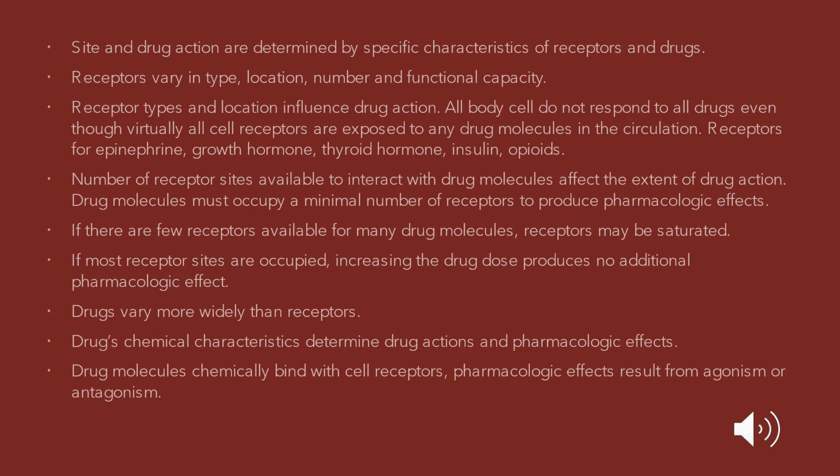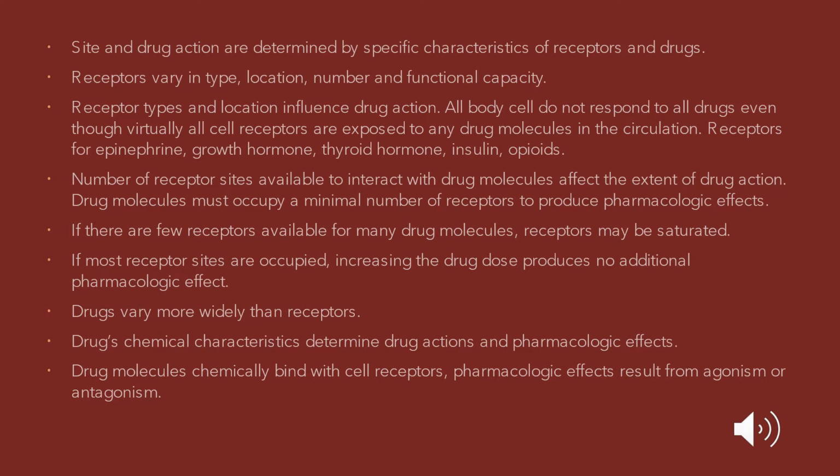For example, many different types of receptors have been identified. Most types occur in most body tissues, such as receptors for epinephrine, whether received from stimulation of the sympathetic nervous system or administration of drug formulations. And then there are receptors for growth hormone, thyroid hormone, and insulin.